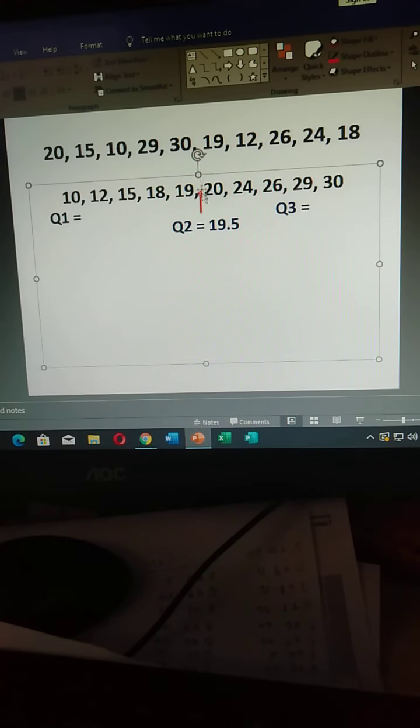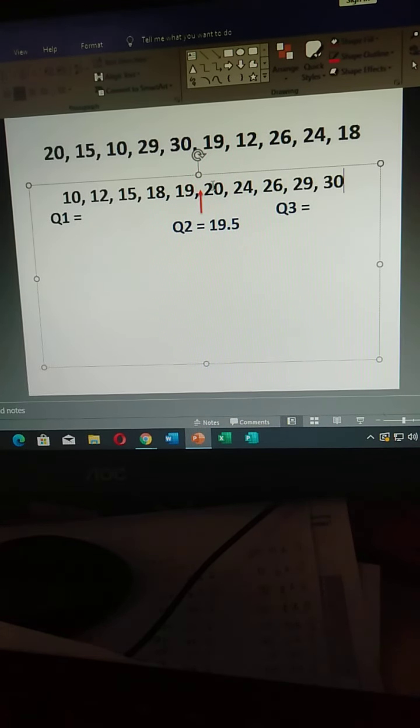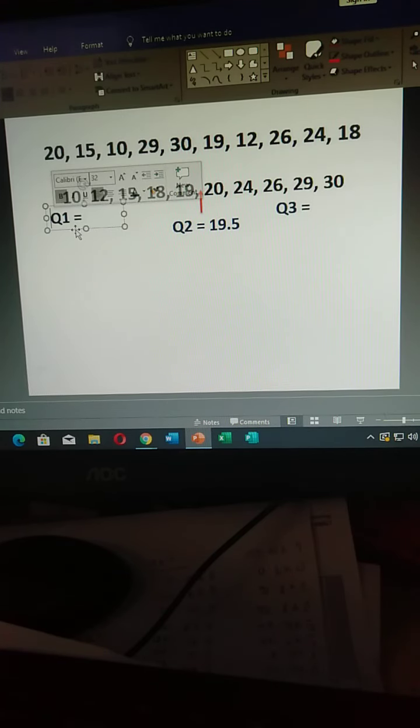Since nahati na siya into gitna, andito sa boundary dito si Q1, at andito from 20 to 30 si Q3. Ang gawin nyo lang is yung median, whatever the median here, ganun pa rin, median pa rin. Ang median from 10 to 19 will be the Q1, and the median from 20 to 30, that is our Q3. Correct? Ayan, yun po yun.